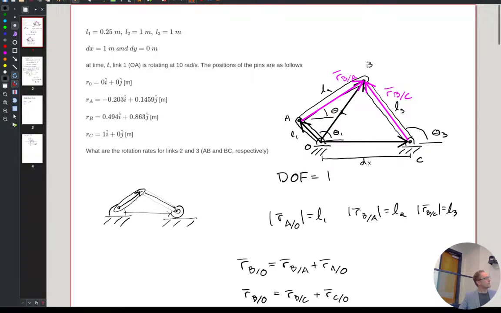If I know theta 2 dot, is there a difference between where I drew those two theta 2 dots, at A versus B? No, that's just with respect to horizontal.